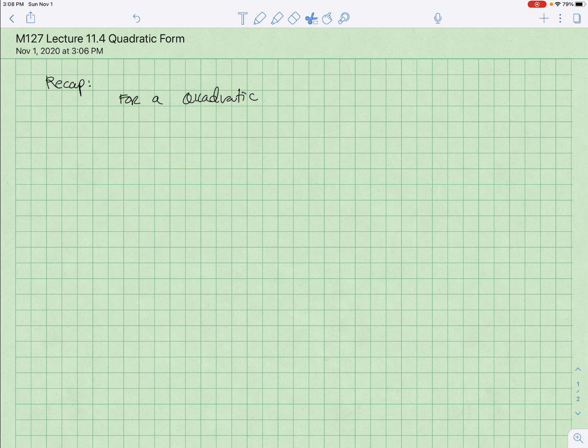There we go. For a quadratic equation of the form ax squared plus bx plus c equals 0, we have three options for solving.